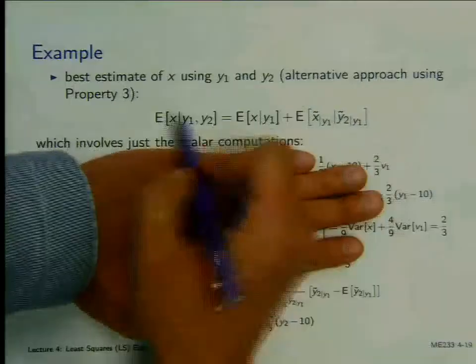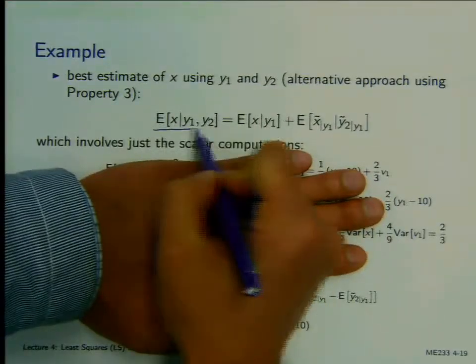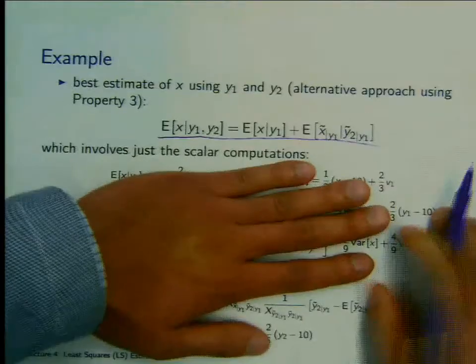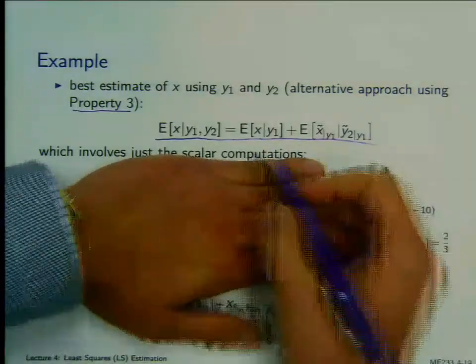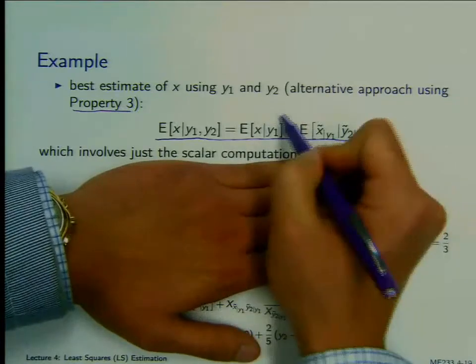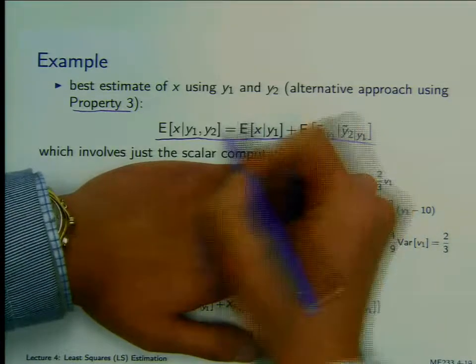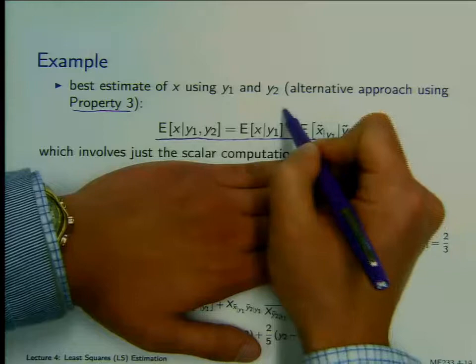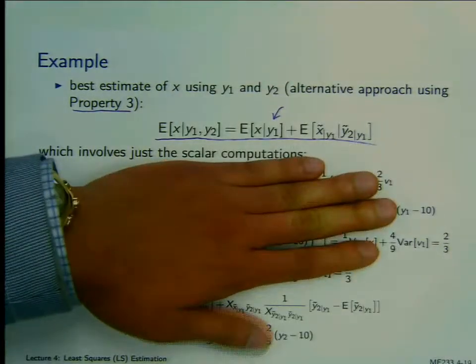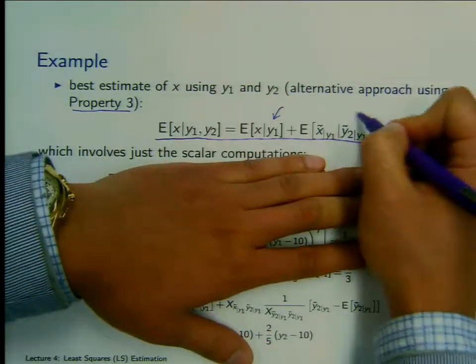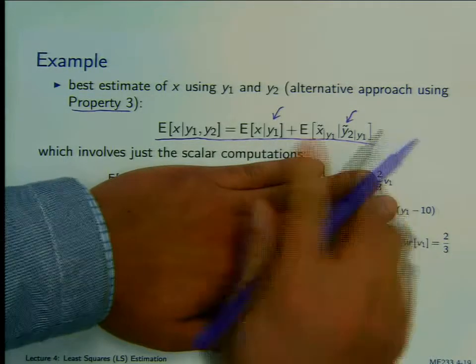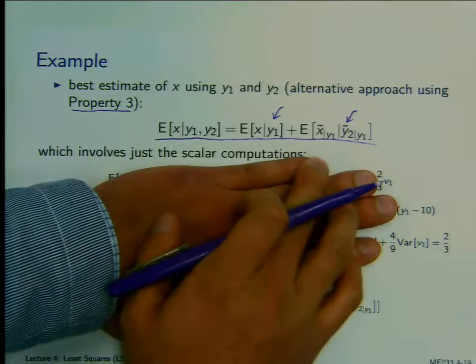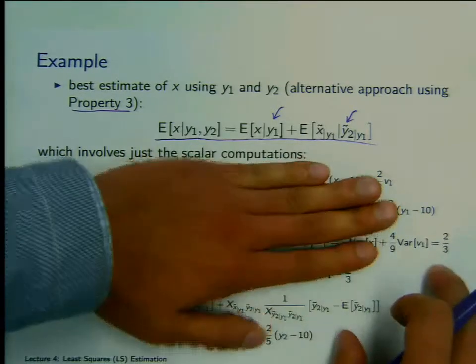That's why we learned this approach, using property 3 of the least squares estimation. We can first do the estimation using only information of y1, and then after we get the second measurement y2, we improve our estimate. That's the key message here.